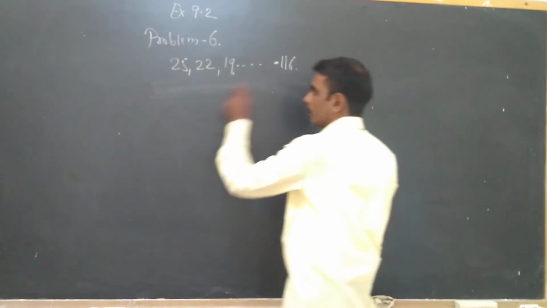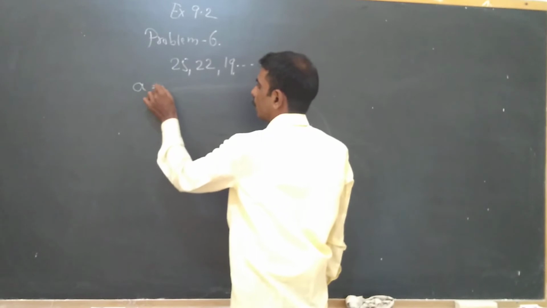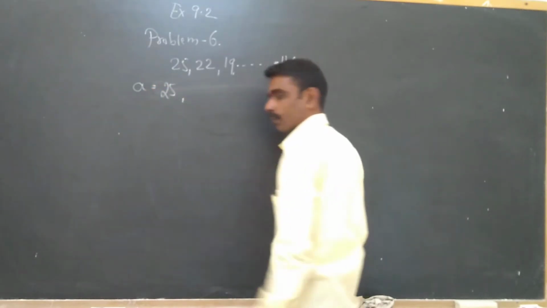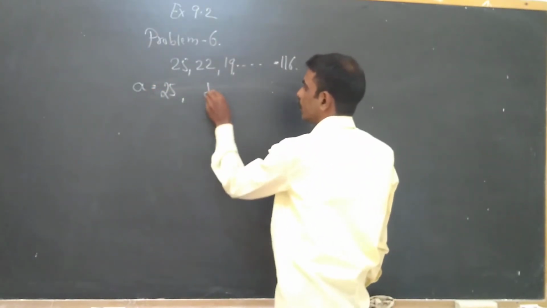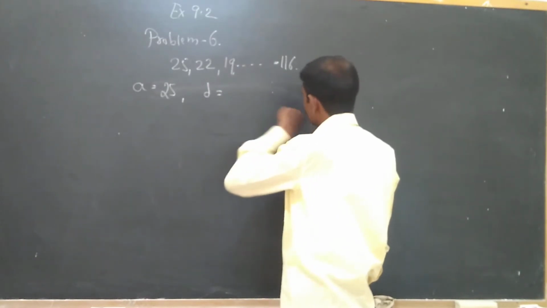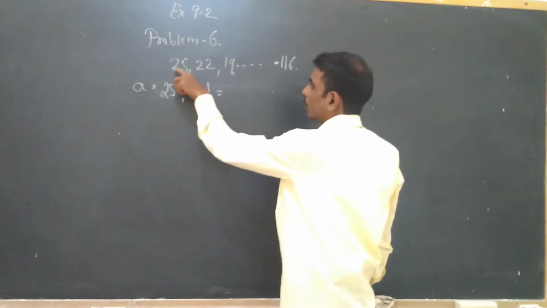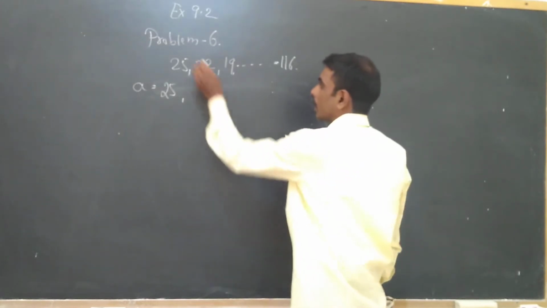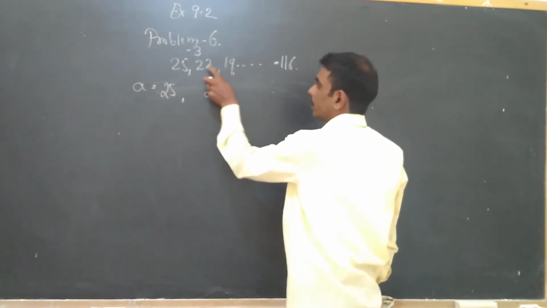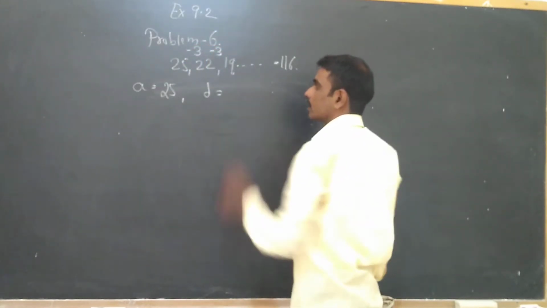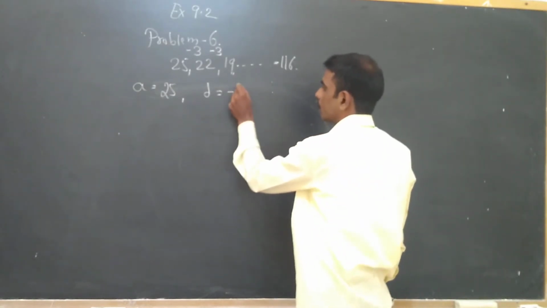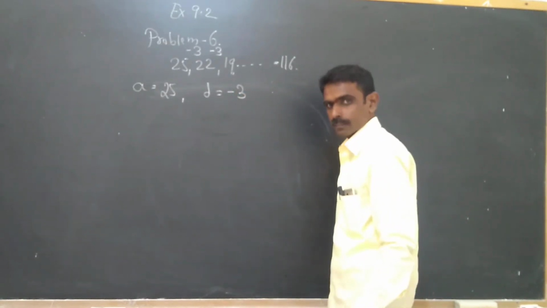Now in this problem we see that the value of a is 25. The value of d is 22 minus 25, which is minus 3. 19 minus 22 is minus 3. So the value of d here is minus 3.